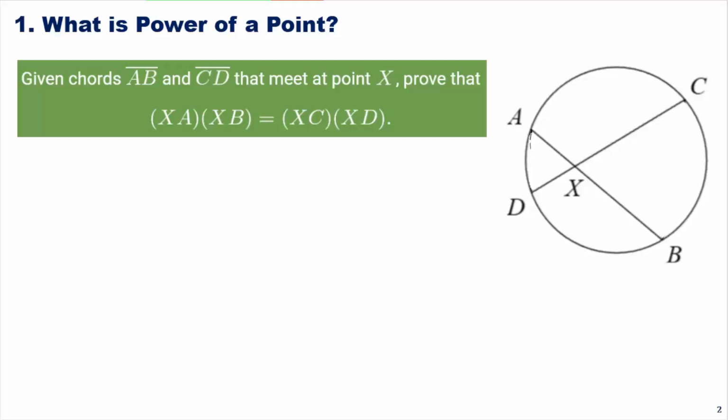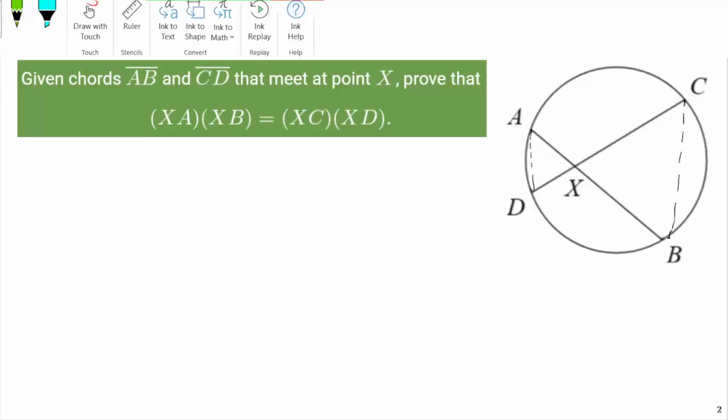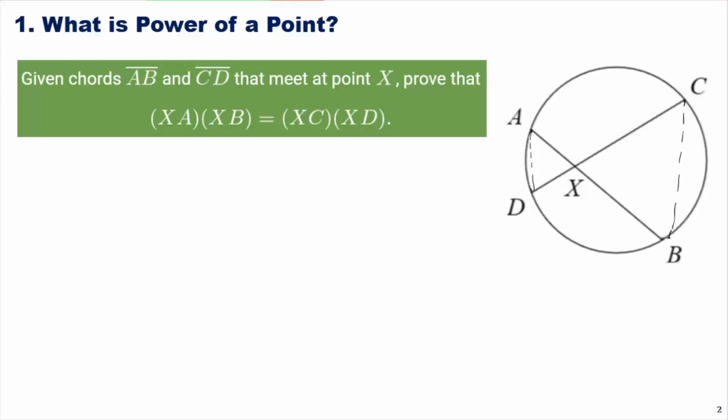So, for example, we could connect AD and BC. Then, note that angle DAB is inscribed in arc DB. Angle DCB is also inscribed in arc BD, right? Therefore, we have angle DAB equals angle BCD, right?